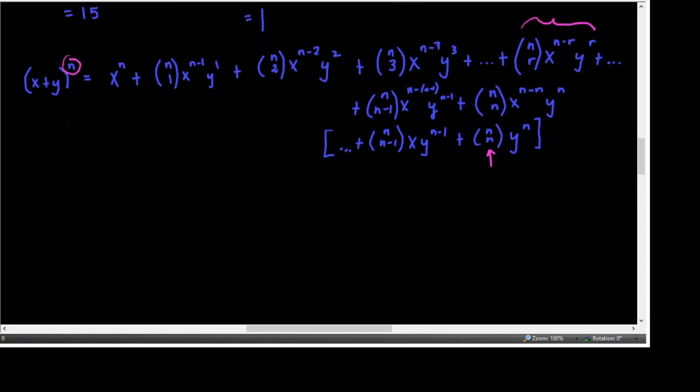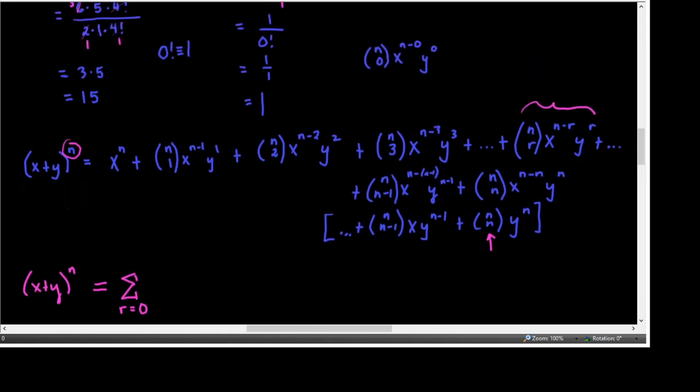So, as it turns out, the binomial theorem can be written in a nice compact way. Let me write the beginning of it again. X plus y to the nth is a sum, right? It's a sum of things added together. And the thing that we're going to have change is r. And the value of r starts at 0. And again, you can look up here, this was that first term, which is the same as that one, simplified.